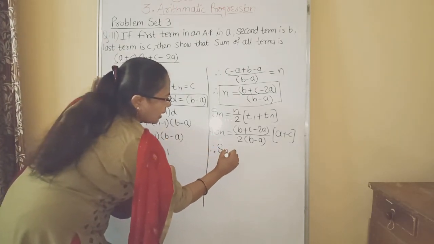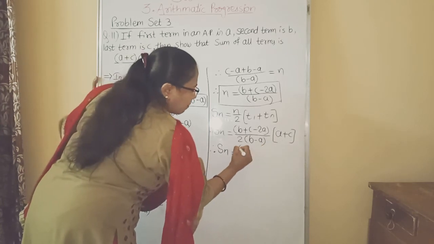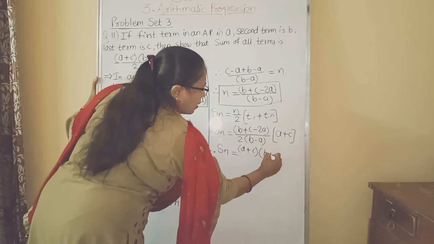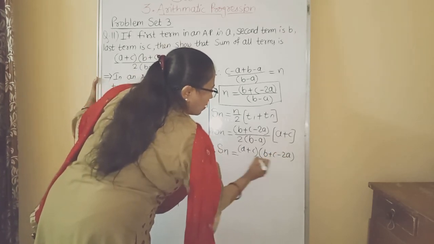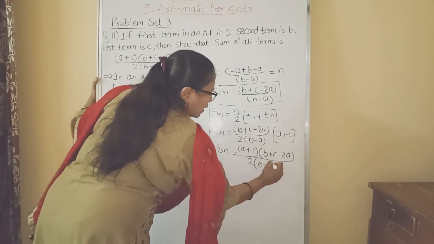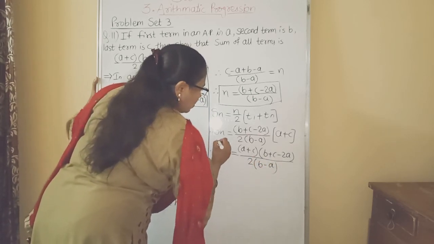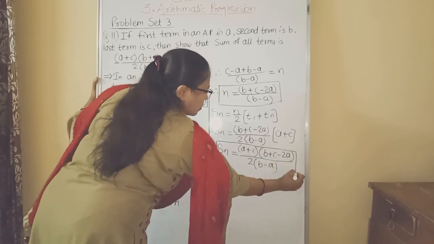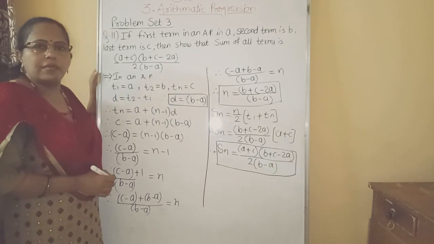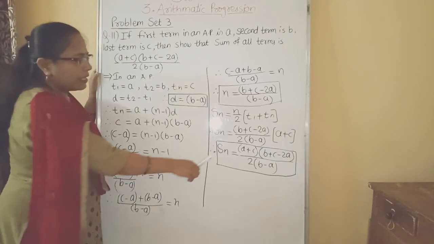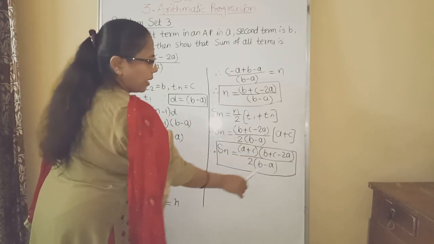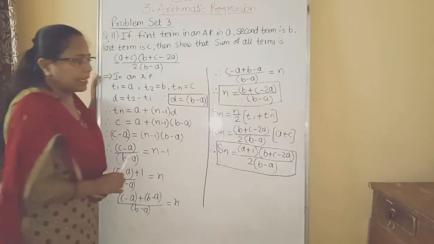Therefore, Sn is equal to (A plus C) into (B plus C minus 2A) upon 2 into (B minus A). This way we proved the sum of all terms in the given AP is (A plus C) into (B plus C minus 2A) upon 2 into (B minus A).